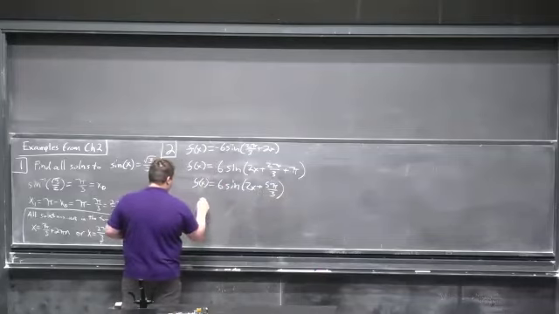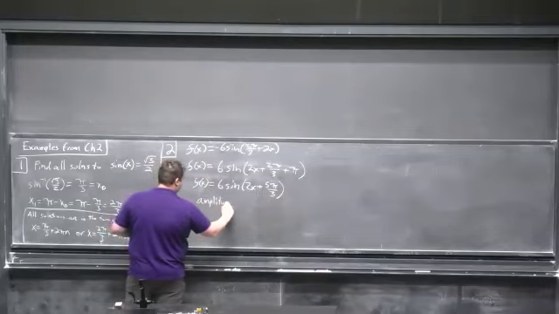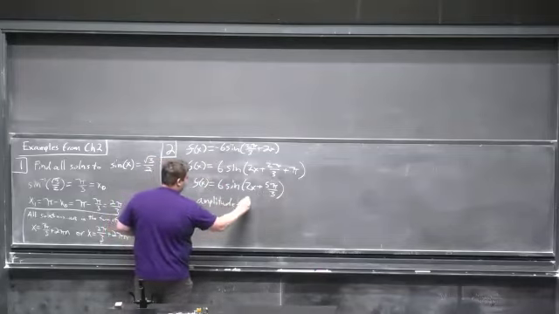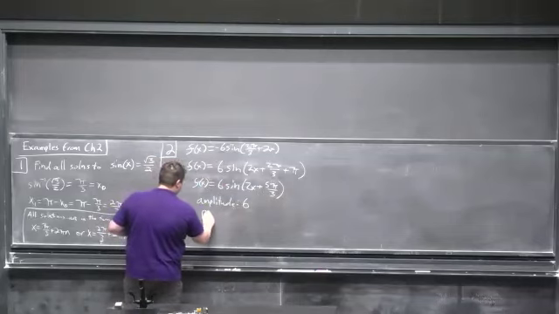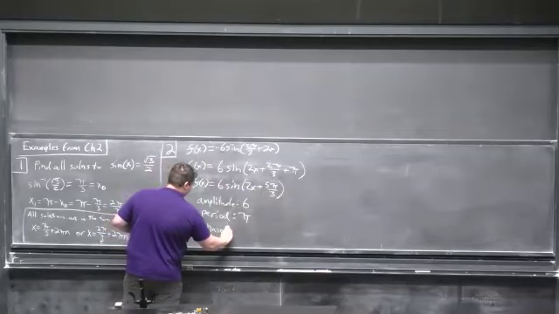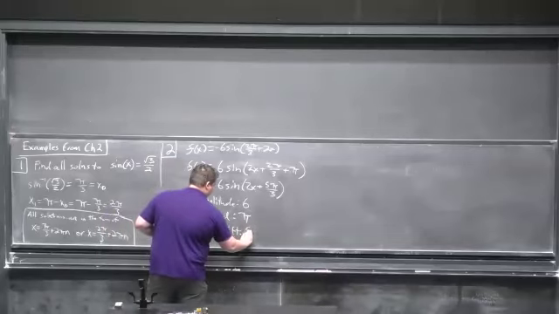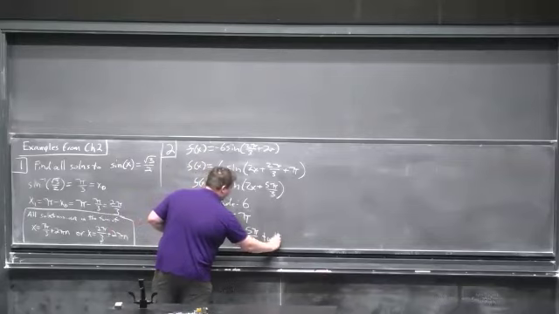giving us an amplitude of 6, a period of pi, and a phase shift of 5 pi over 3 to the left.